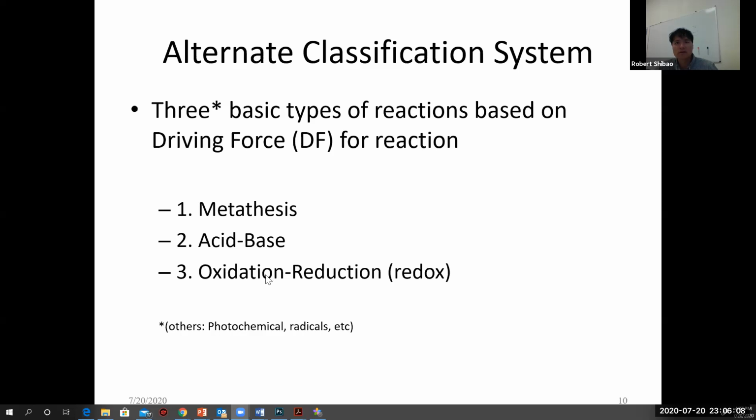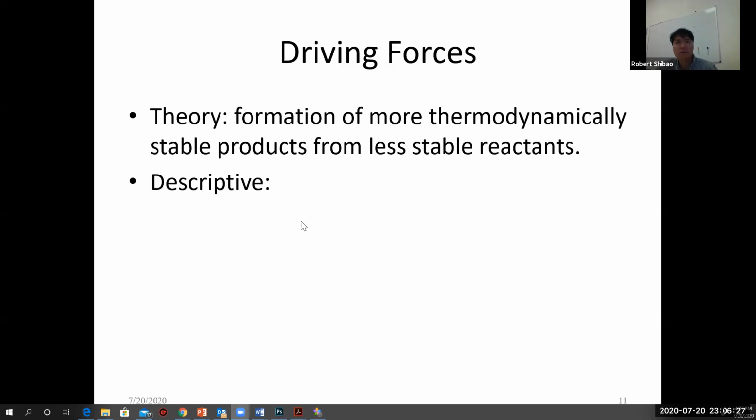And that would constitute the driving force for redox. It's always the same for a redox reaction. However, for these, it's different driving forces. So we're going to look at metathesis and acid base. It doesn't matter what order we go in. So I started off with redox this semester. And now let's look at metathesis and acid base.